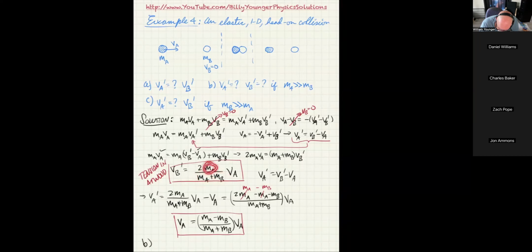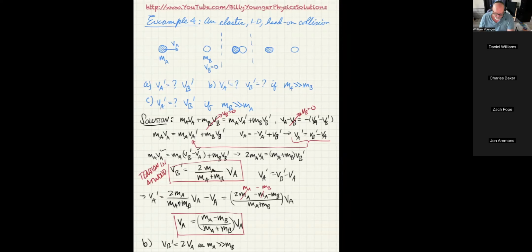And then the MA over the MA is going to cancel out, and you get a really horrifying result, specifically VB prime is equal to 2VA.